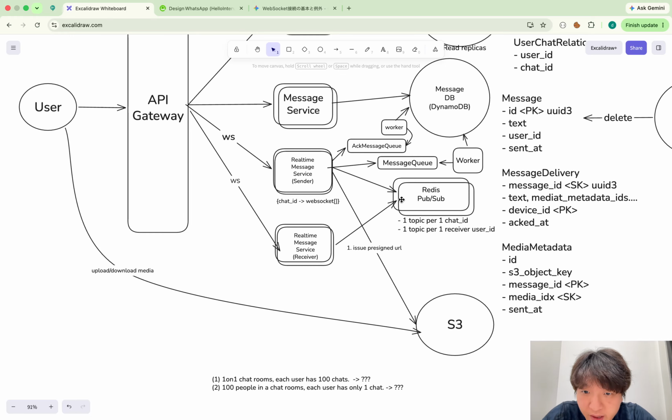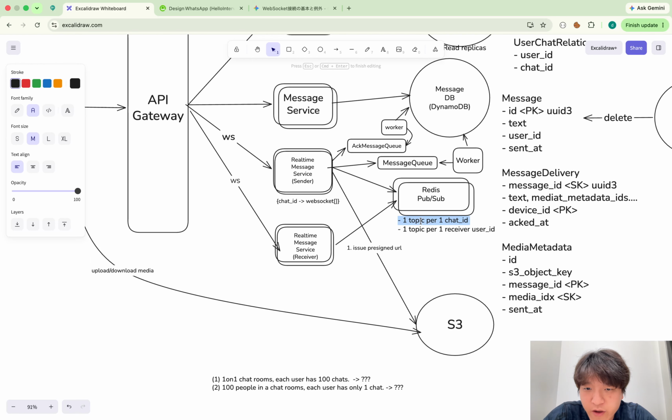And now I will talk about option number one: one topic per chat. So when a user sends a message and the message is sent to this server as a sender, this server publishes the message to the topic which corresponds to the chat. And because there is only one other user in that chat room, this topic is subscribed by a specific server.